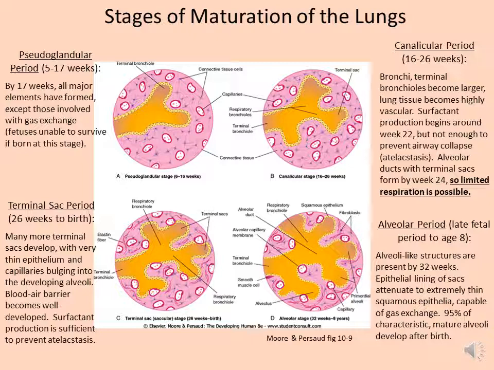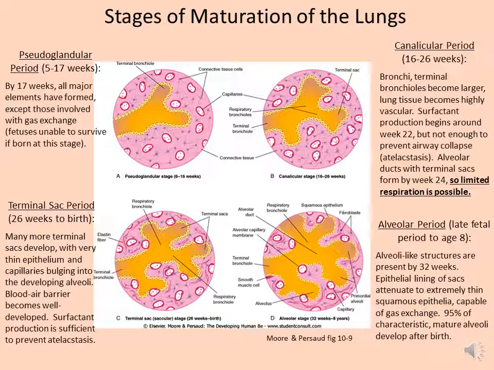The bronchi divide only up to the terminal bronchiole stage, and in this period the respiratory portion of the lung is not developed. So if the fetus is born during this stage, it is not viable, that is, it is not capable of survival.